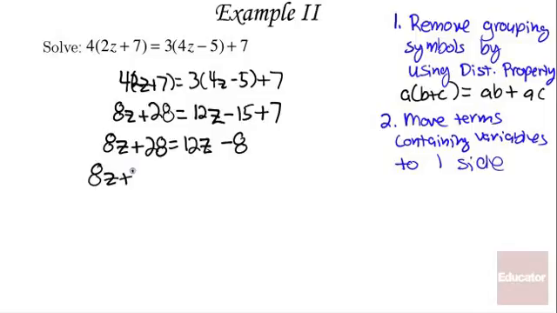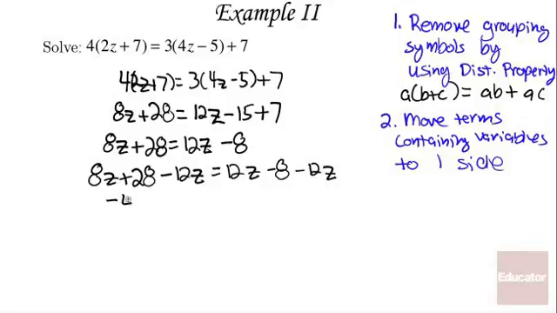In order to move that, I need to subtract 12z from both sides. That's going to leave me with 8z minus 12z. I can combine those to get minus 4z plus 28 equals, the two 12z's cancel out, so that equals negative 8.